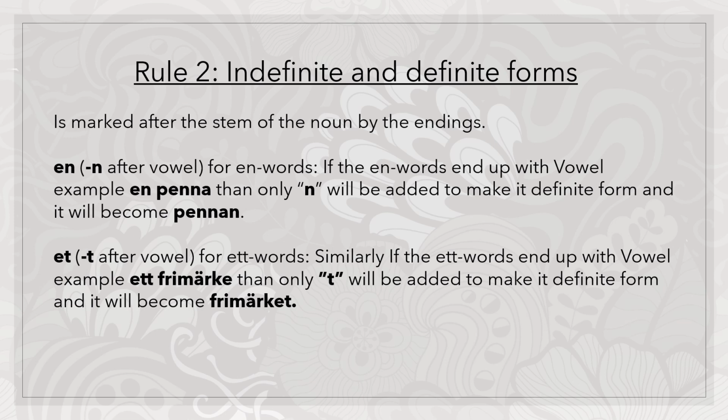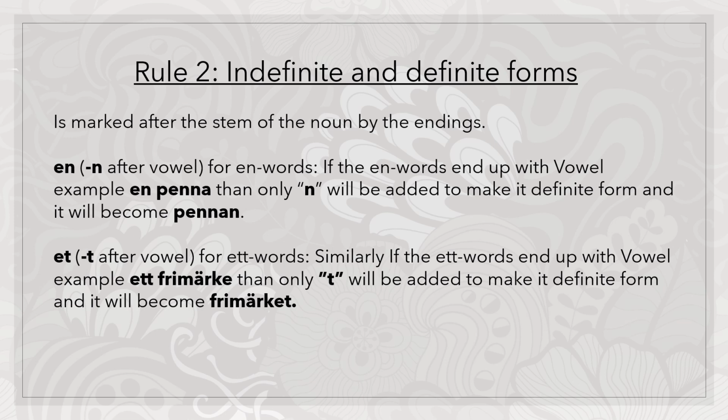But have you noticed something? In the case of penna, only n is added. So here is the rule. If the en words end with a vowel, for example penna, then only n will be added to make it definite form, and it will become pennan.